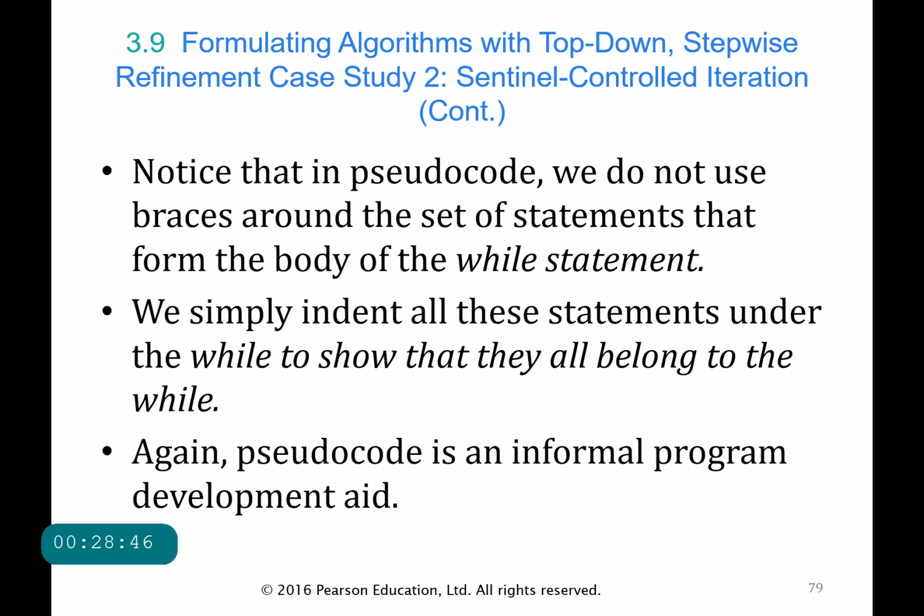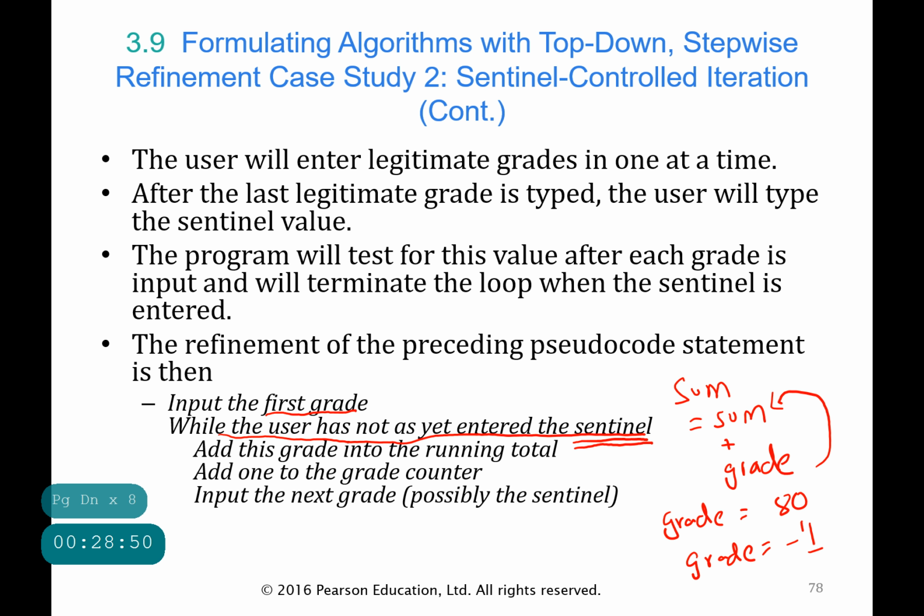One more thing, with pseudocode you generally do not use braces as you would with a normal while statement. What you do is you just indent, so you increase the spacing somewhat. And what that means is all these three statements are inside the body of the while statement. So just remember this.